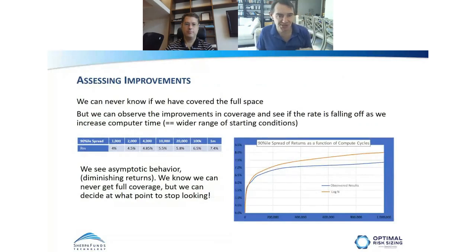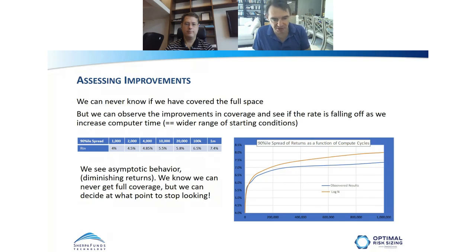And how do we assess whether we're approaching a solution that we should be happy with? This is relatively common sense, but you can say, okay, let's try it with a certain number of compute cycles, a certain range of starting conditions, a certain protocol for cycling through starting conditions, and see how broad a range of P&L outputs you get.